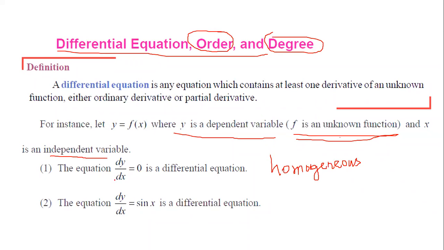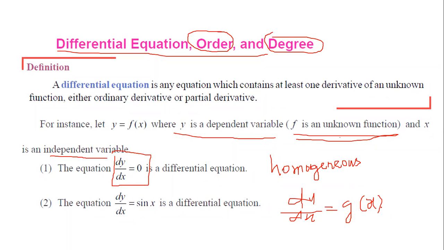In case dy by dx equal to 0, it is a homogeneous equation. In case dy by dx equal to some function g of x, but g of x is not equal to 0, that is called the non-homogeneous equation.